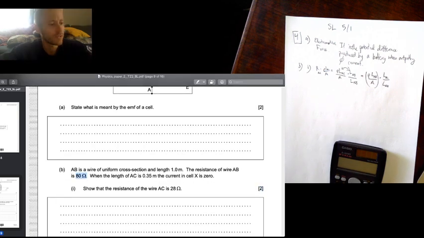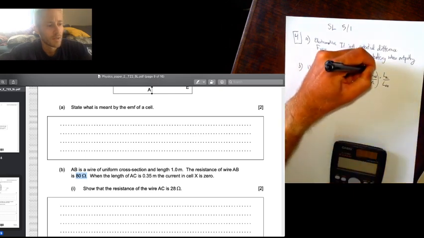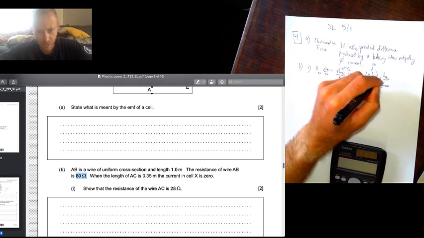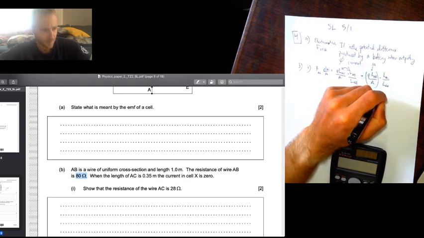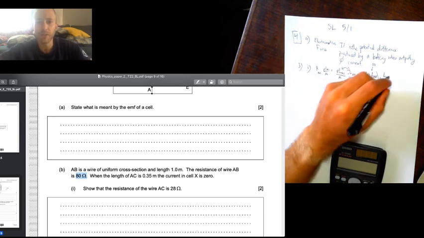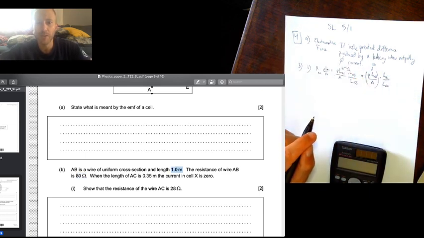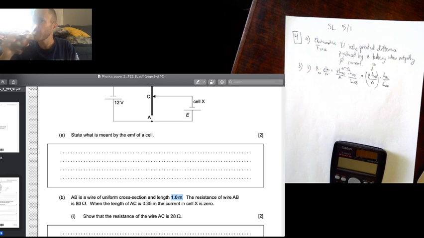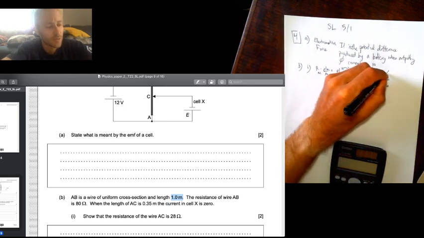So this is 80 ohms, and LAC over LAB: the length of the wire is 1 meter, and the length of AC is 0.35.